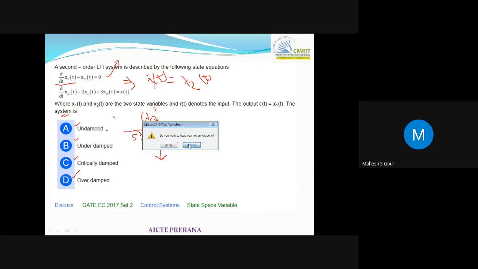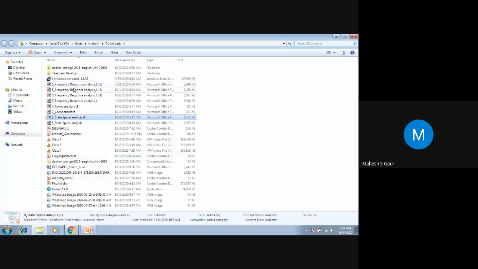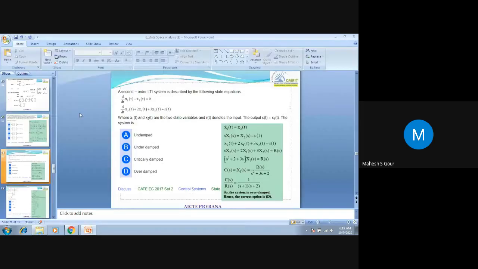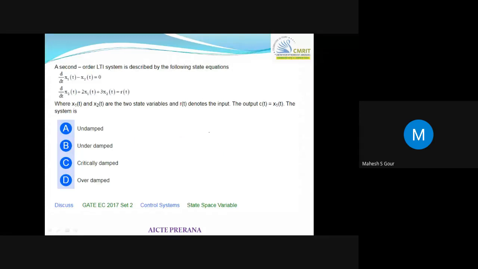If you don't want, I'll revise once. Okay, I think you didn't make notes. If the poles are lying on the imaginary axis here, it is undamped, right?